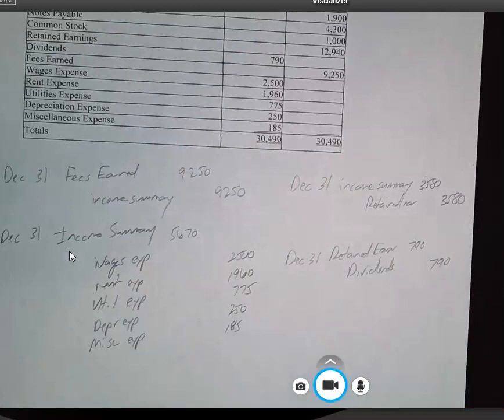So if we were going to look at a retained earnings statement, for example, we would have our beginning retained earnings plus net income for the period, which is actually this 3580 here that we already calculated in a previous exercise. Then we would show a subtraction for dividends.